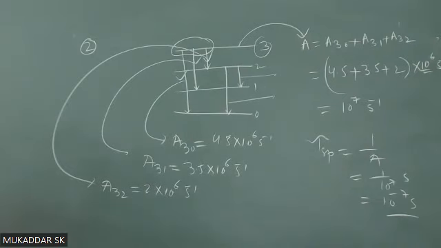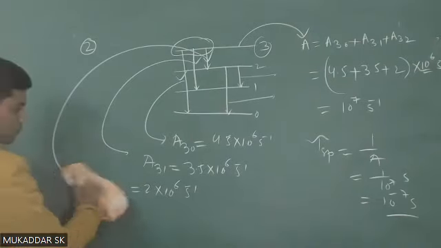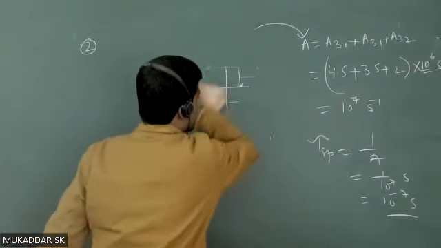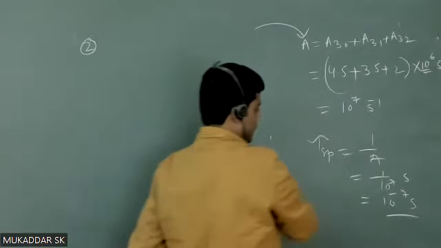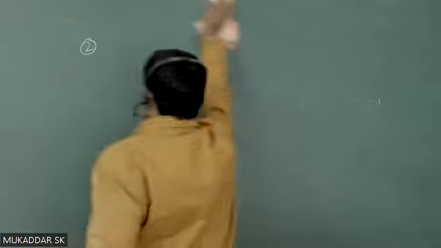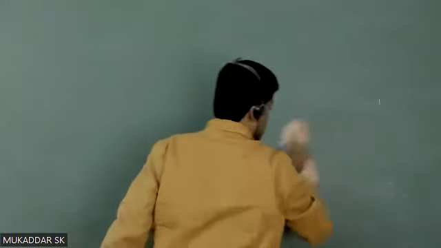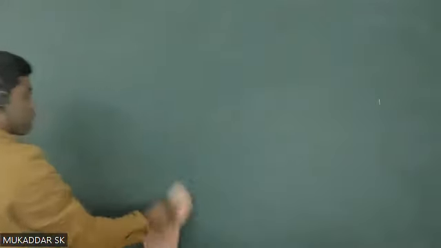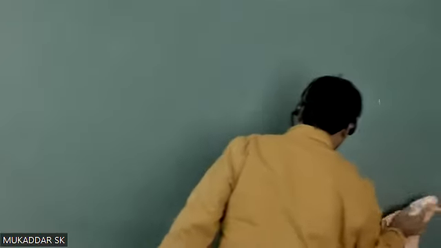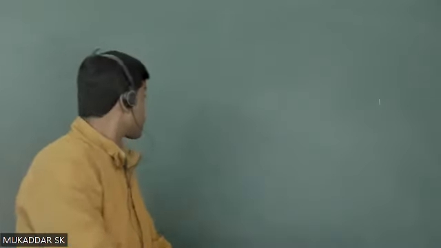Yes, sir. Tau SP is 1 by A from the previous relation we have derived, if you remember. In the previous class I told you to remember this because it is important for your exam: the spontaneous lifetime is inversely proportional to the probability of spontaneous emission.